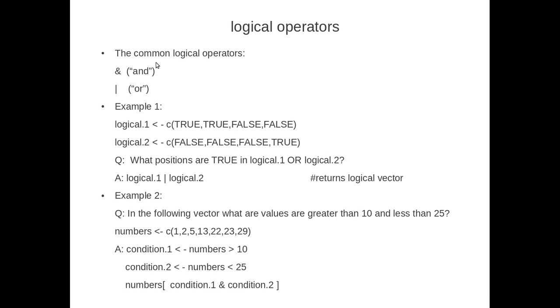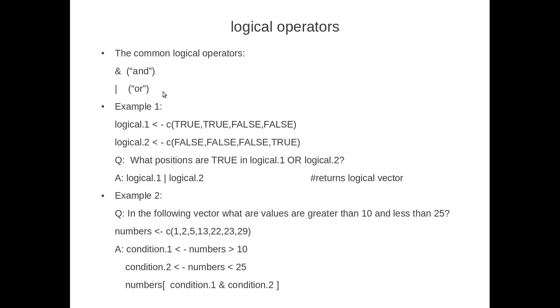I did also mention in the week 3 lectures these what are called logical operators. This is a way of combining logical statements, and asking what positions in 2 vectors both evaluate to true for whatever condition, or simply in a logical vector comparison, which are the positions that are true in both vectors.